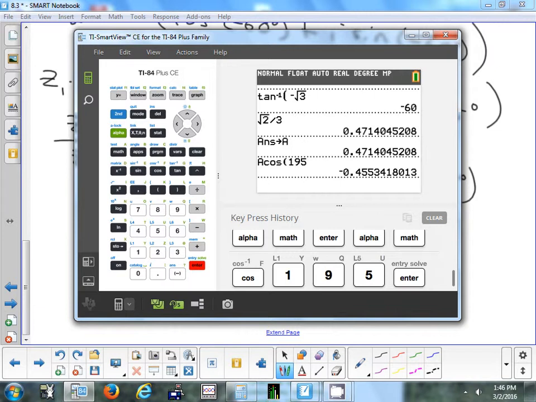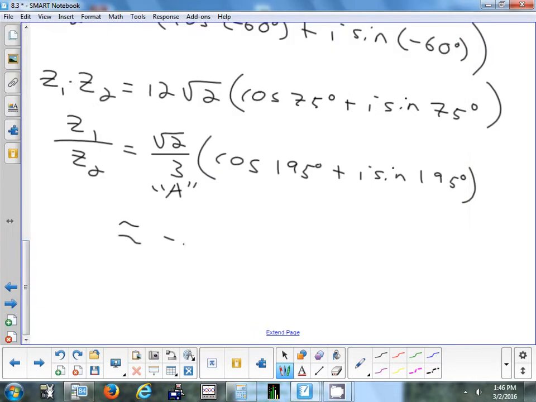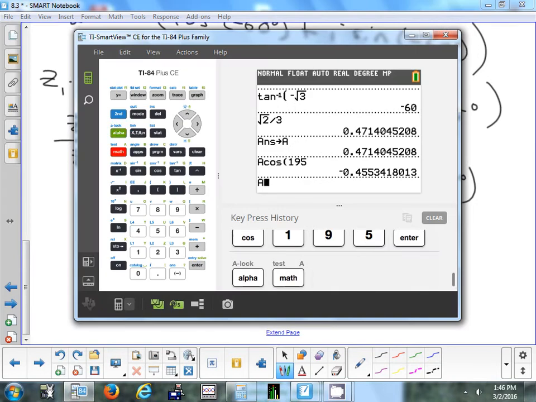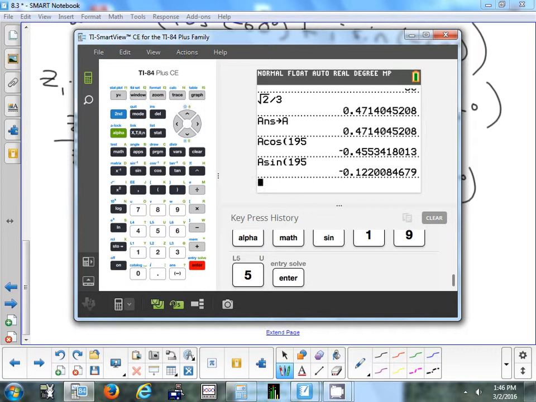Negative 0.46. And I'm going to do A times sine 195, and that's the imaginary part. That one's negative 0.12.